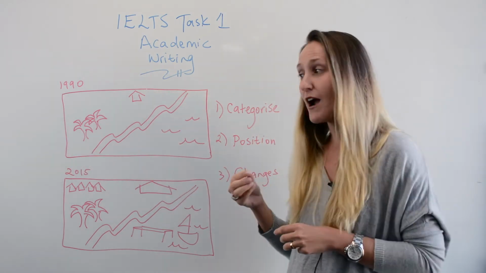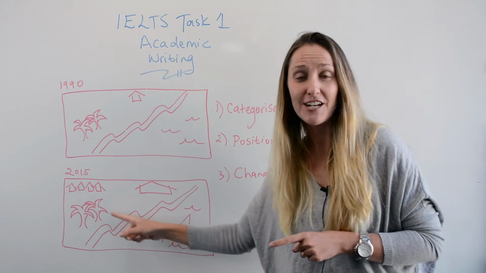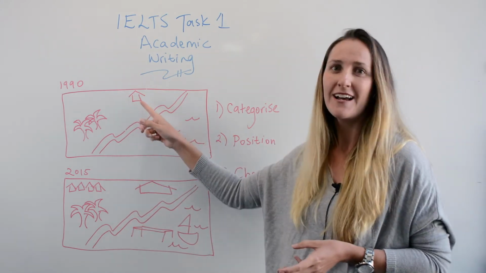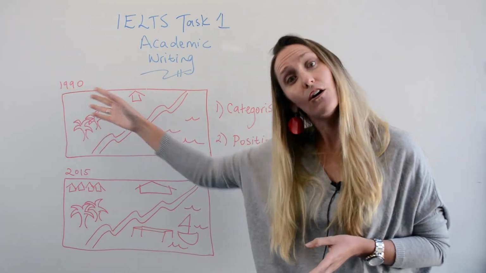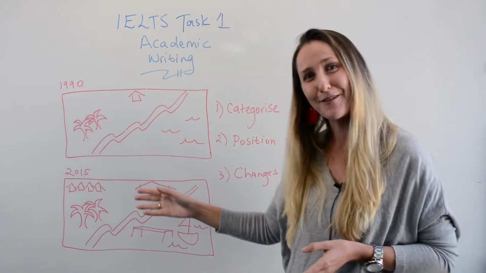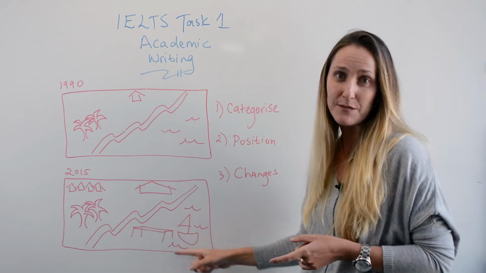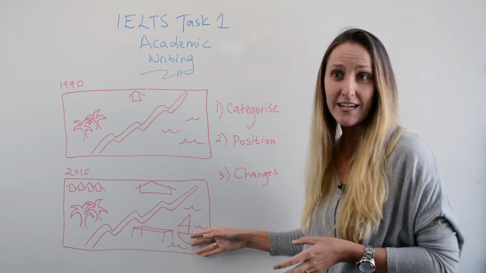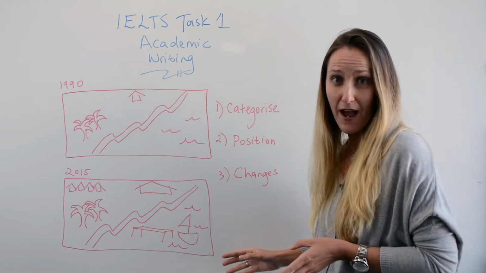So when you're describing, for example, the changes here, that we have a little village that has been built, you can say in the top or north west corner of the map. The north west corner of the map. When we're describing the fact that a pier has been built, you can say the pier has been constructed in the southeast corner of the map.